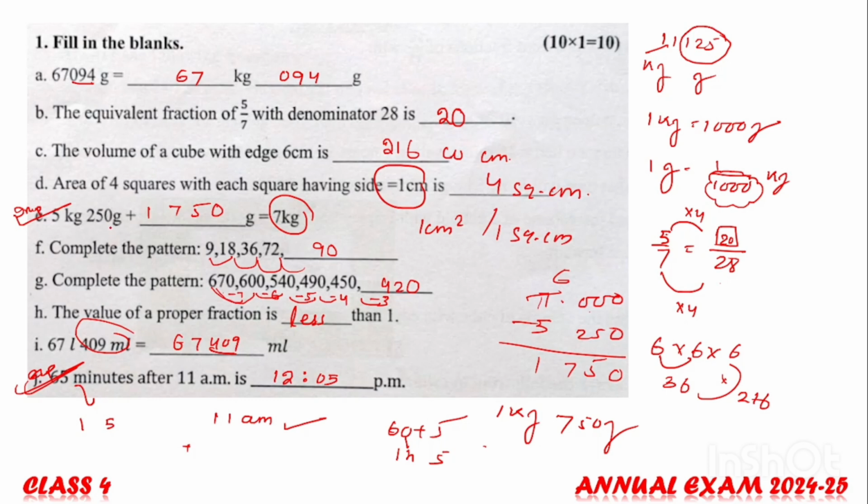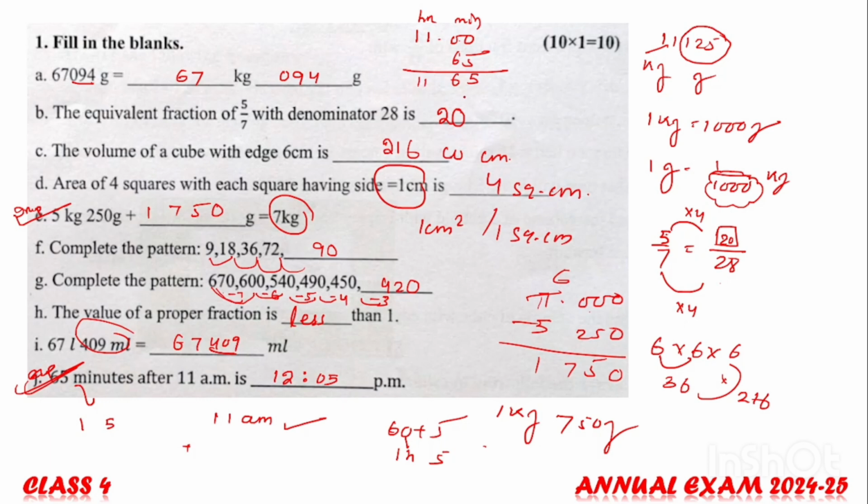Now, this question you can solve by another method, after means addition. So first write down 11:00 because 11 am means 11:00. So we add 65 minutes. Here is hour and here is minute. We write 65 in the minute place. So 5 plus 0, that is 5. 6 plus 0, that is 6.